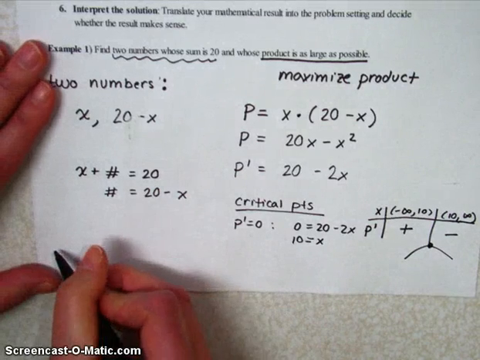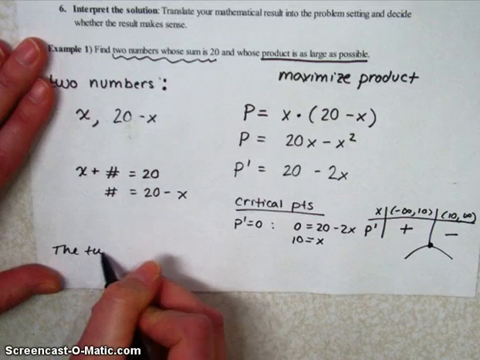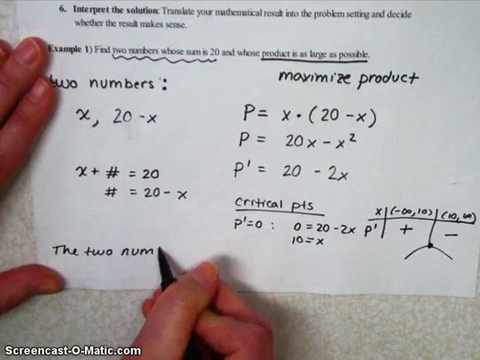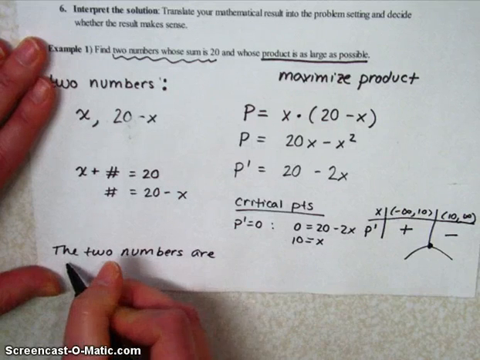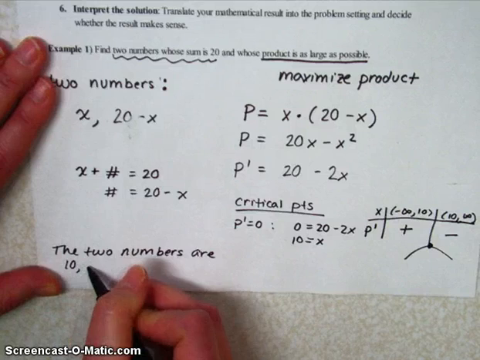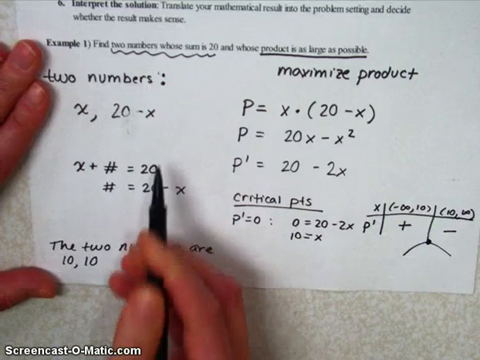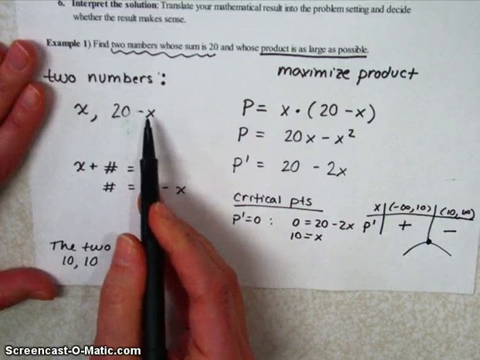I need to first write the two numbers. They are 10 and 10. If I put 10 back in here, 20 minus 10 is still 10.